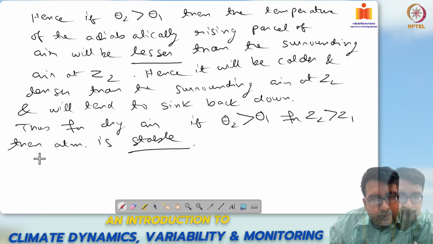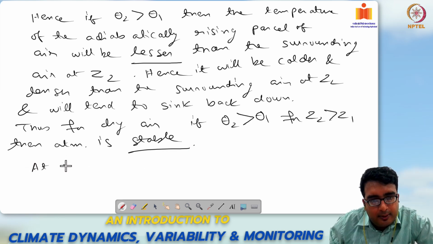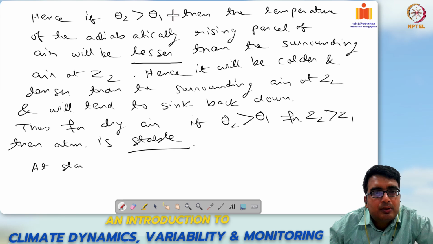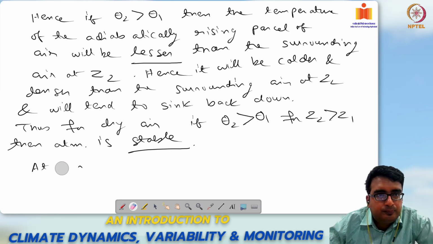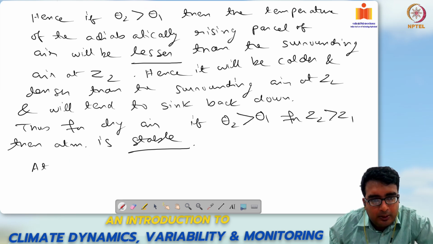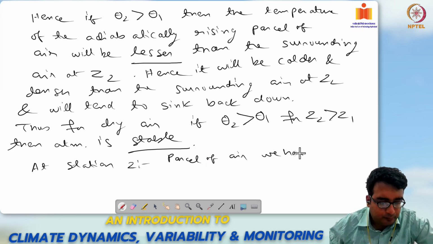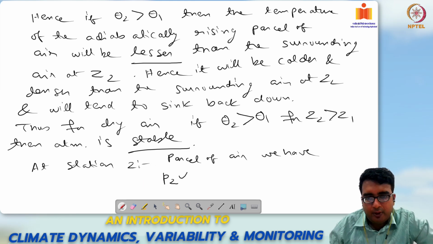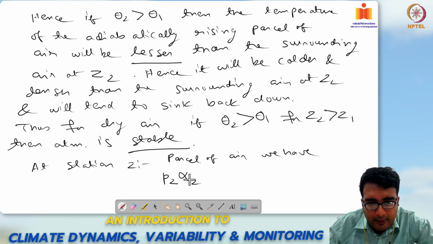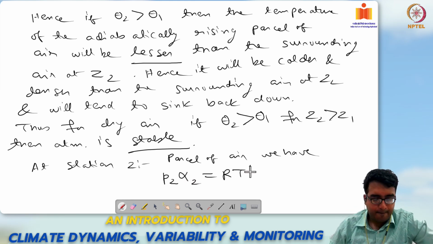So at station 2, for the parcel of air, we have P2 alpha 2, where alpha 2 is the specific volume, if you remember, equals R T prime.